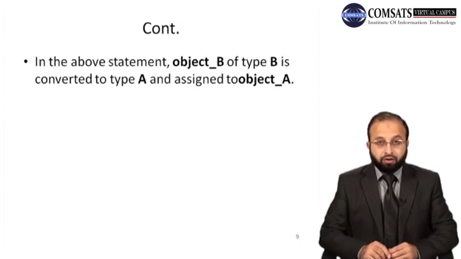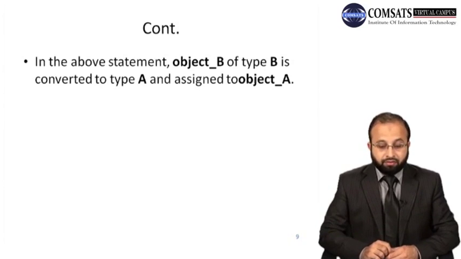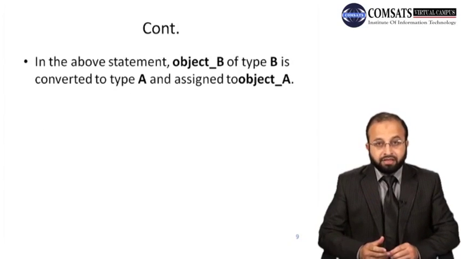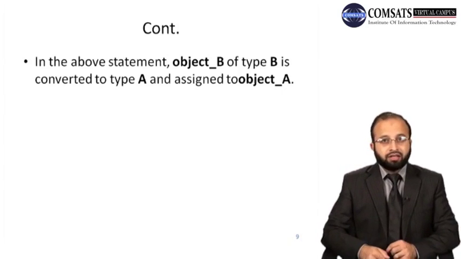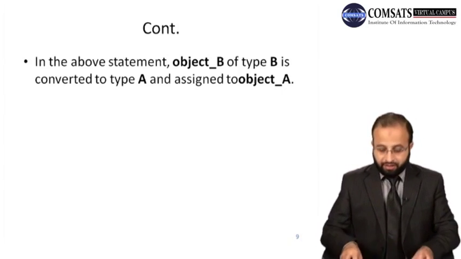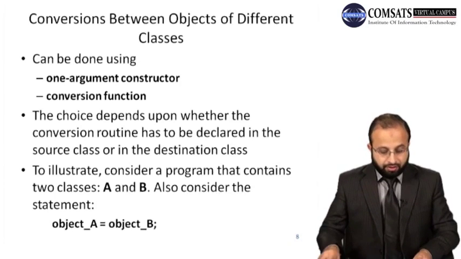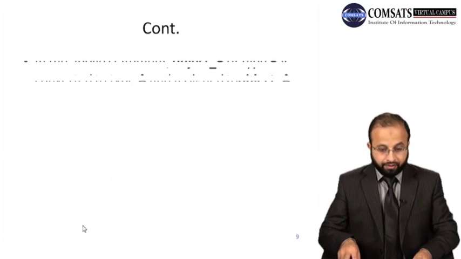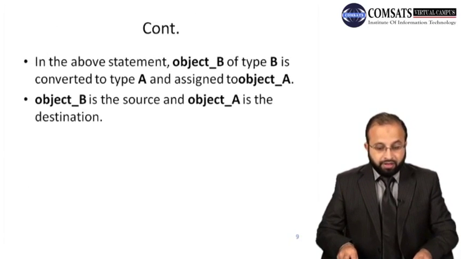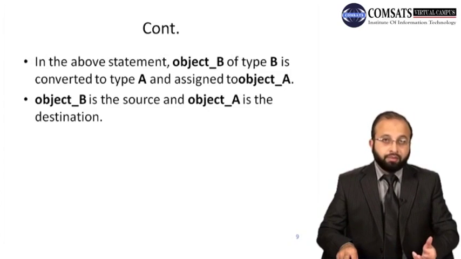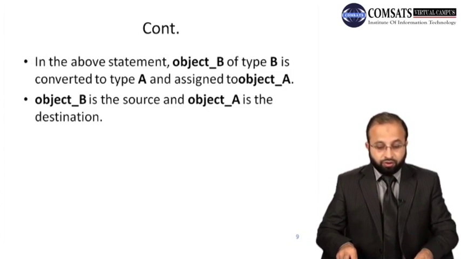So in the above statement, object B of type B is converted to type A and assigned to object A. You have to extract the values of object B, create object A with those values, and then return that object A, which gets assigned. Okay, so object B is the source and object A is the destination, right? Because we have to assign values to object A, so object B is the source object.